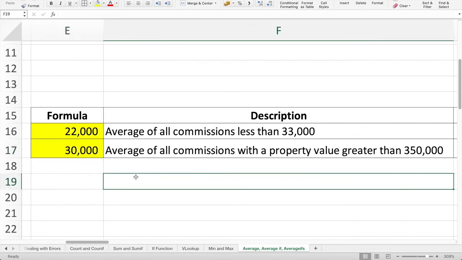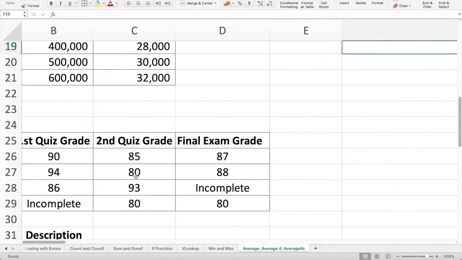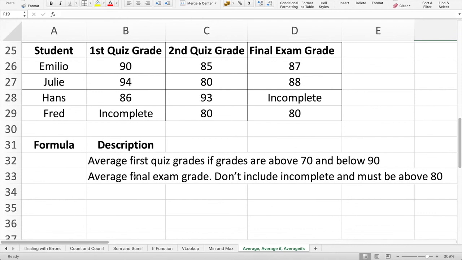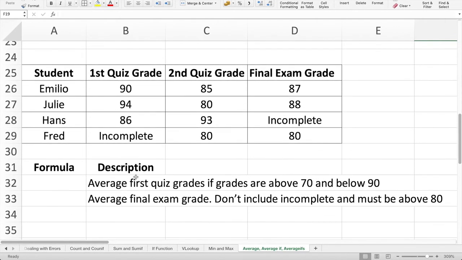And for the last one, we're actually done with the average. We're done with the average if. And last one, we have the average ifs with additional letter S. Actually, guys, the difference of average if to average ifs with an S is the average ifs with additional S is requiring you to have another criteria.